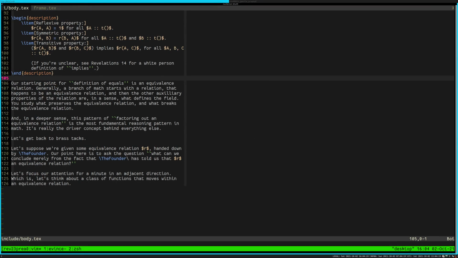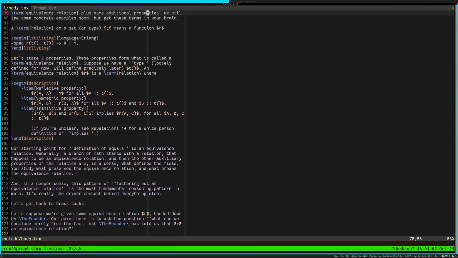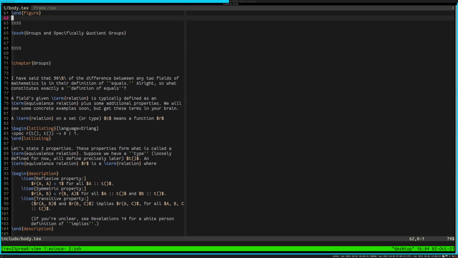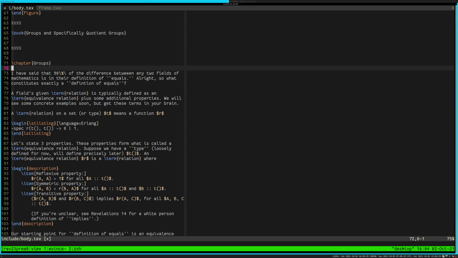Definition of equals is an equivalence. I'm going to quit trying to do weird notation and do standard math notation. I've said that 90% of the difference between any two fields of mathematics is in their definition of equals. So what exactly is a definition of equals?